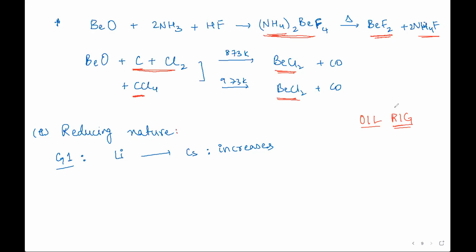Let's say I want to reduce copper, Cu2+, to Cu. I need something to give Cu electrons so that it can be reduced. So when we talk about the reducing nature of group 1 elements, which is the best reducing agent?